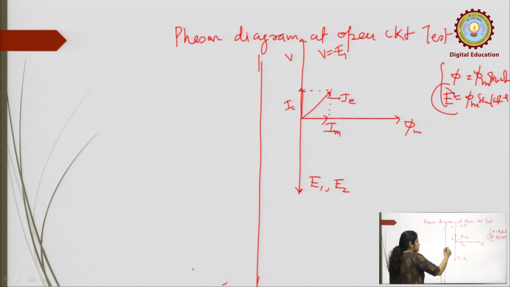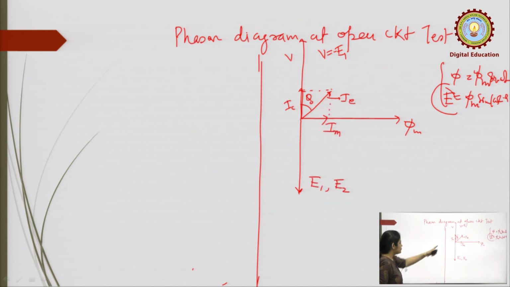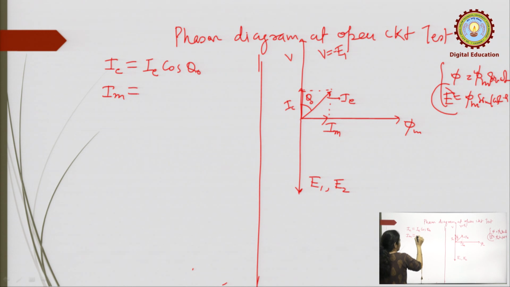Now, suppose the power factor at no load is cos theta 0. From here you can write Ic is equal to IE cos theta 0, and Im is equal to IE sin theta 0.